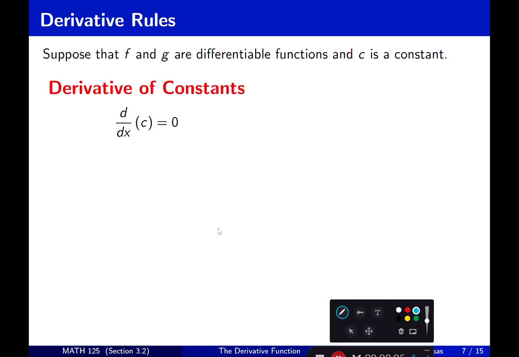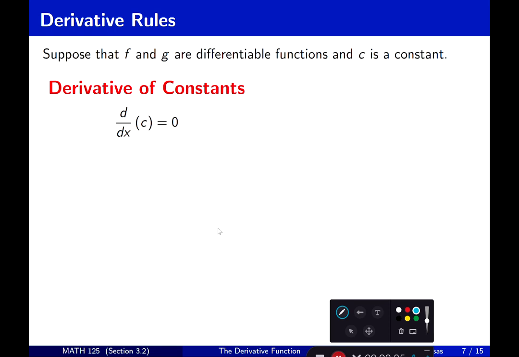So let's talk about derivative rules. It doesn't make sense that every time we want to find a derivative, we have to use the limit definition. Is there any way that we can find the derivative faster? And so yes, there is.